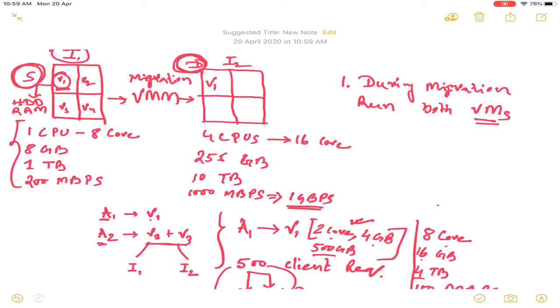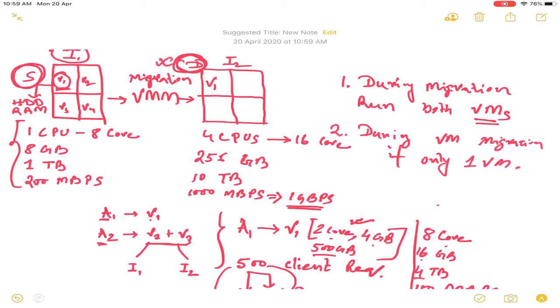In the second situation, during the VM migration, if only one VM is running, obviously I'll be running the VM which is at the destination.